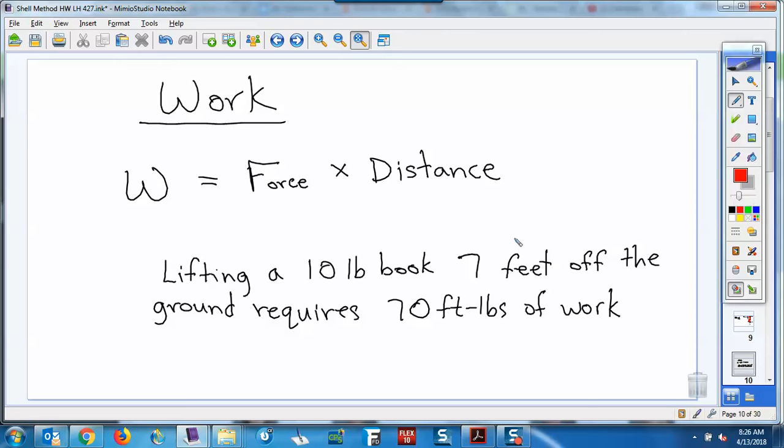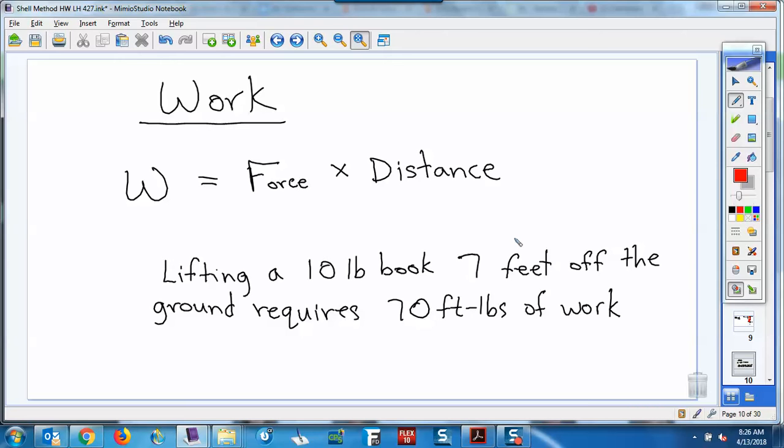Now, technically, that's not accurate. Why not? Here's why. Because the book does not weigh the same.